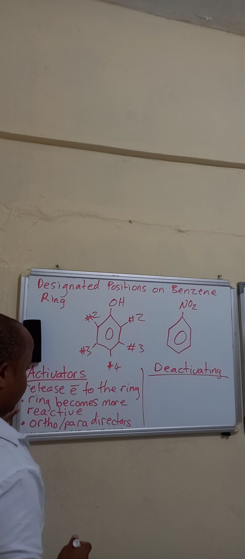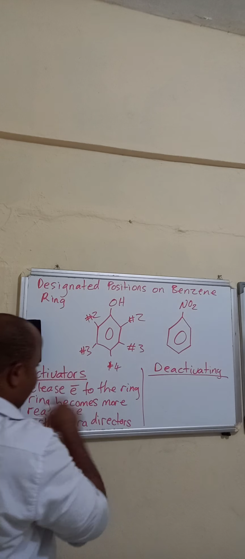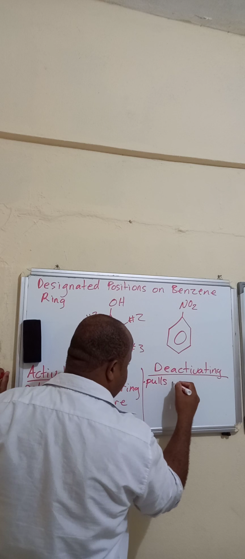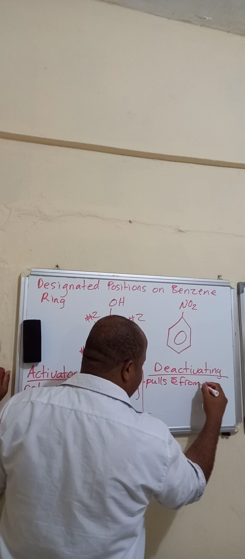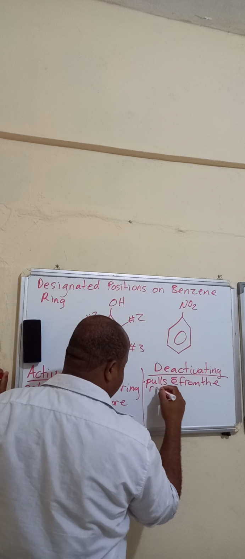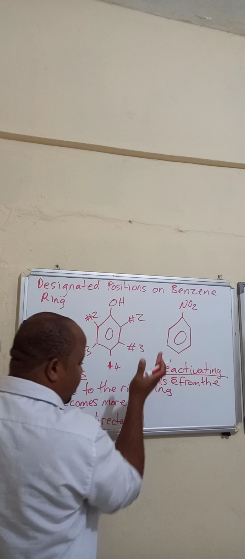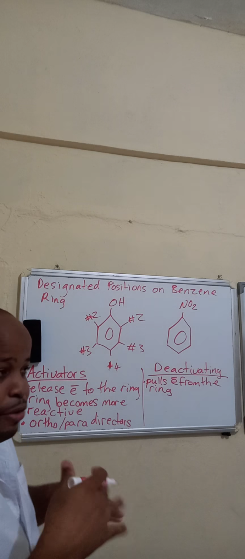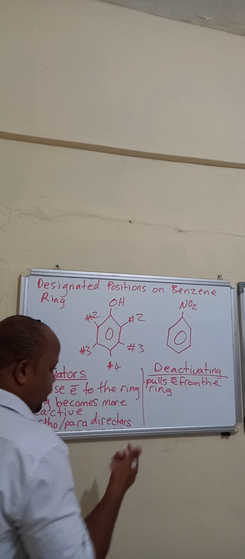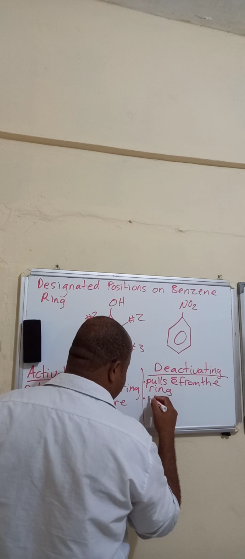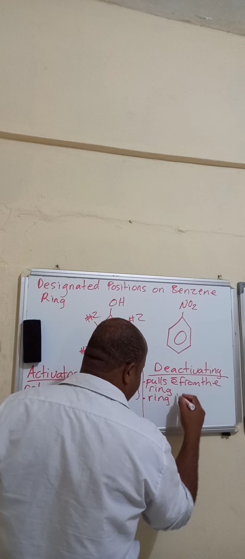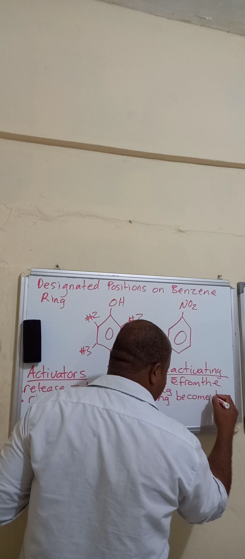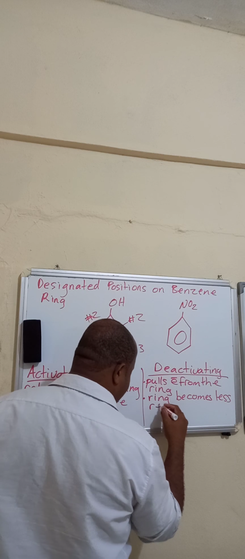Now the deactivating group is the opposite. So instead of releasing electrons to the ring, it pulls electrons from the ring. If it is pulling electrons from the ring, that means the electron density on the ring is decreased, and so the ring becomes less reactive.